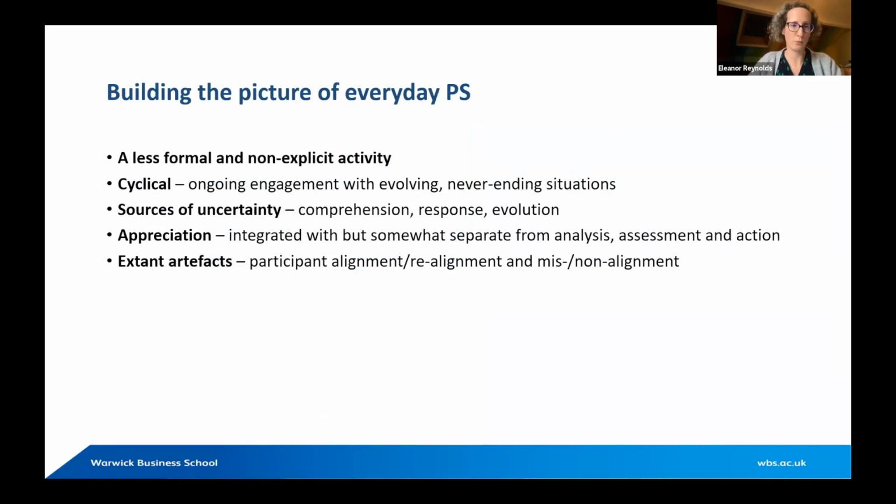It also brought that idea that there's a cyclicality in concern with the sources of uncertainty about the comprehension. Do we need to do more analysis? Uncertainty around how stakeholders would respond. Uncertainty about, well, what would happen if we went for this, if we made this change.